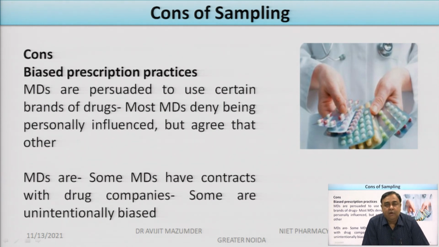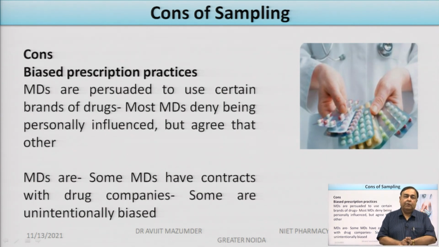But in reality, what happens is, I also get influenced by the pharma houses who are offering me a free gift, who are offering me a free trip. These gifts sometimes unethically influence the decision of the physician whenever he is writing a prescription. This is very unfortunate.